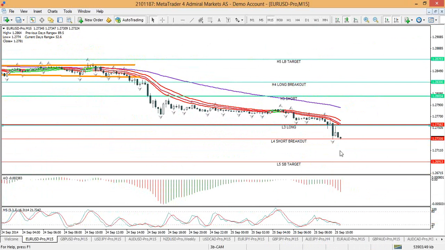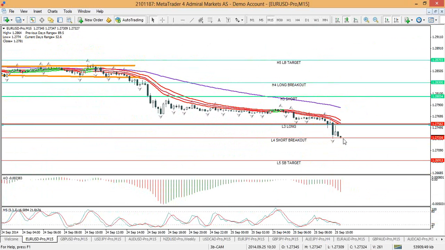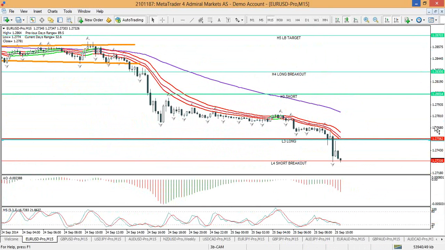Eurodollar is trying to break out to the L5 at the moment. So I wouldn't be a big, I mean, L4 is still a breakout potential. I don't know. It's looked better at the L3 in fact, but sometimes as we can see in previous examples, L4 works as a decent breakout too.